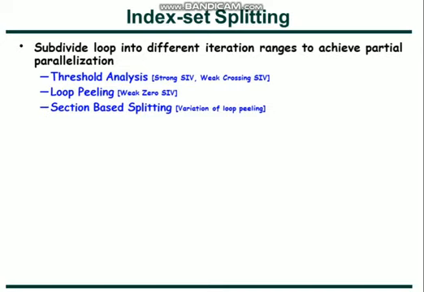Index set splitting has three methods inside it, which are threshold analysis, loop peeling, and section based splitting. We are going to see these three methods one by one.